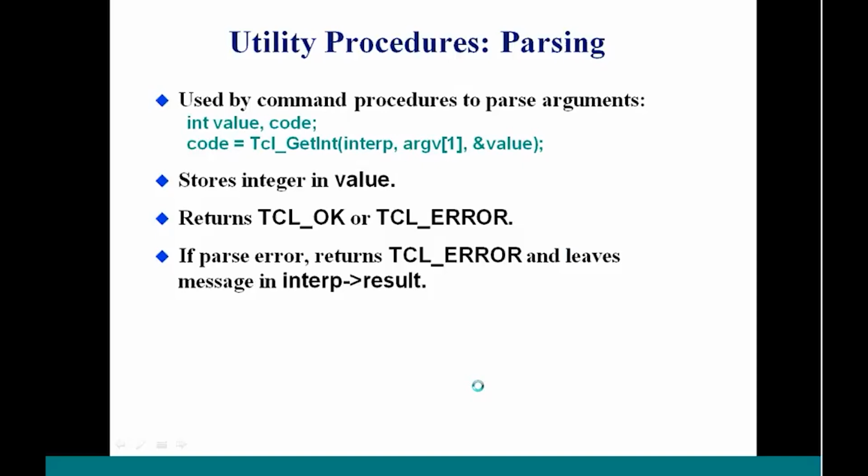It stores the integer in value and it returns TCL_OK or TCL_ERROR. If there is a parse error, then it returns TCL_ERROR and leaves a message in the interpreter result.